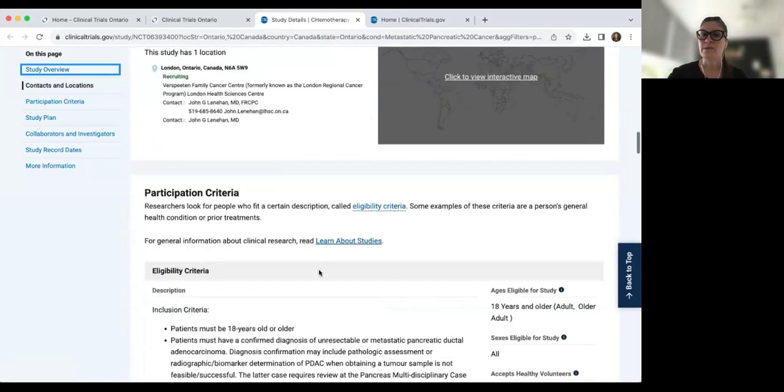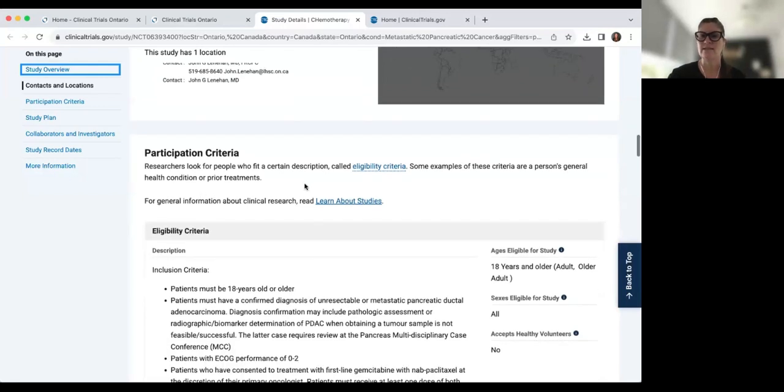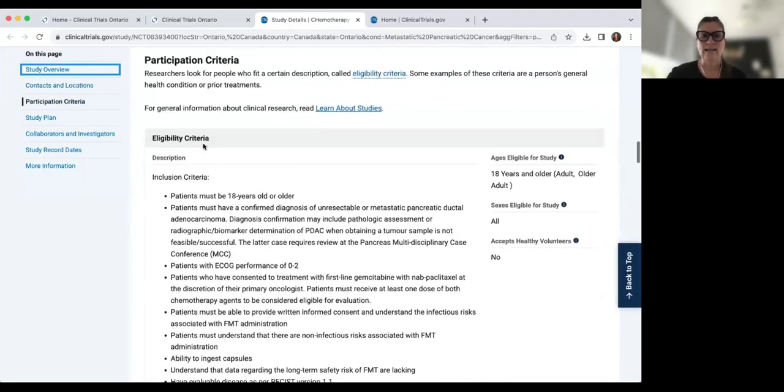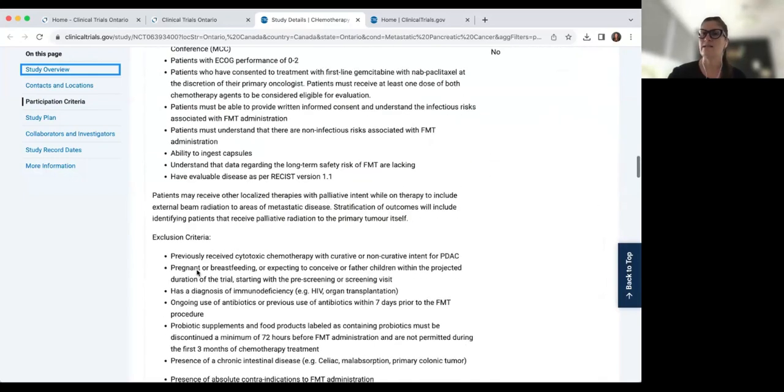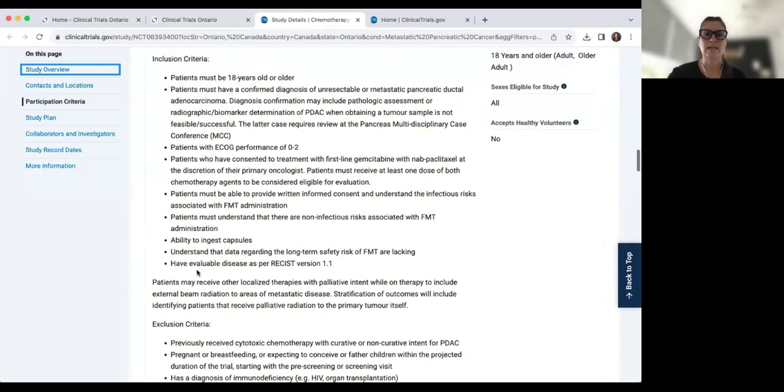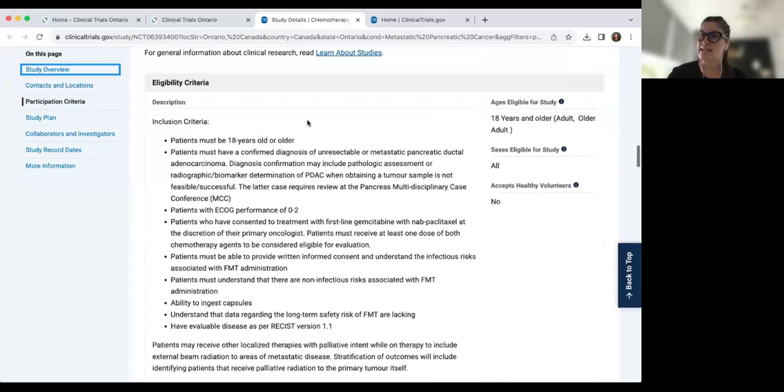Next, we go to the participation criteria, and they've actually got a nice definition about eligibility criteria. And we can look at the eligibility criteria, which include inclusion criteria as well as exclusion criteria. So these are the list of things you need to have to participate in this study.